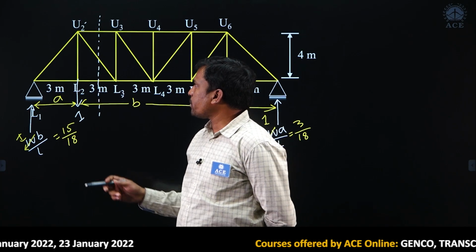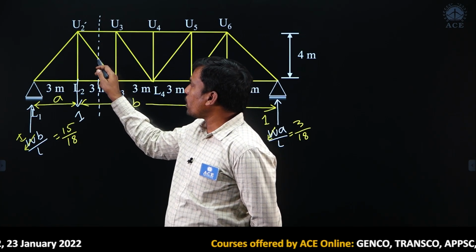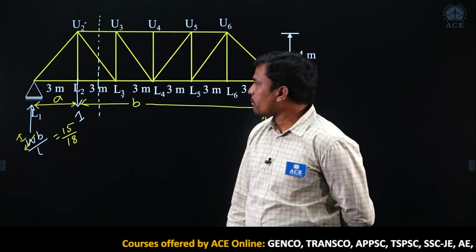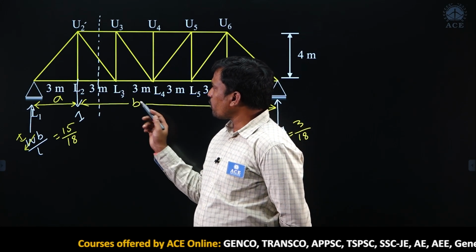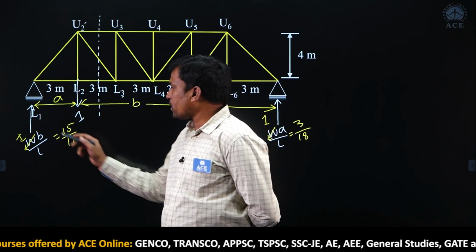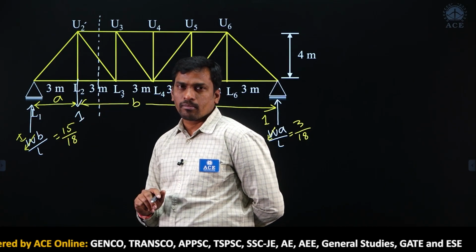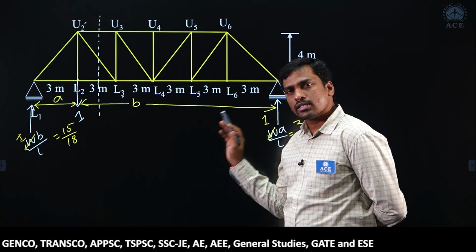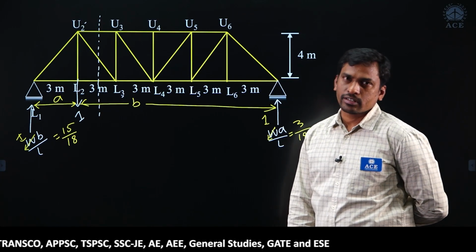How many vertical cut members are there? Only one, so sigma V is possible. Then tell me, is doing analysis for the left part better or the right part? If you consider the left part, reaction is there and load is there. If you consider the right part, only reaction is there. So better to do the analysis for the right part of the structure.